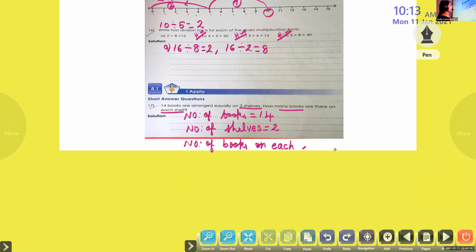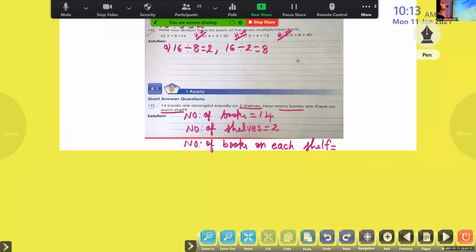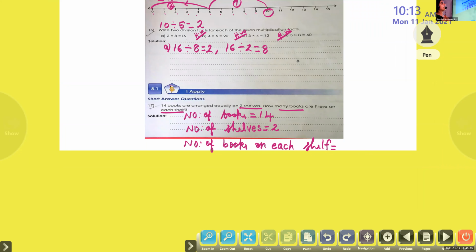So total 14 books are there. There are 2 shelves. You have to arrange these books equally among these 2 shelves. So 14 should be divided into 2 equal groups. That means 14 divided by 2. You can check the table of 2.